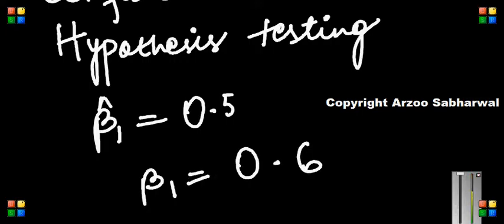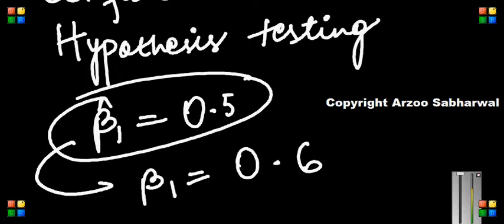Then I basically want to find out whether this beta 1 hat that I have got through the sample is close enough to this beta 1 that I have in the population. Is there actually some statistical difference between the beta 1 hat that I have got and the beta 1 that is there in the population, or is there no difference between the two things?